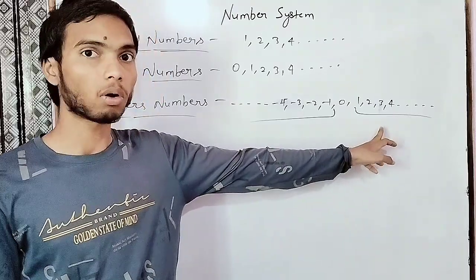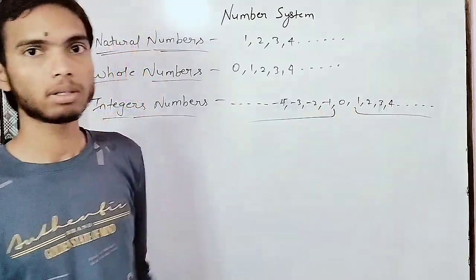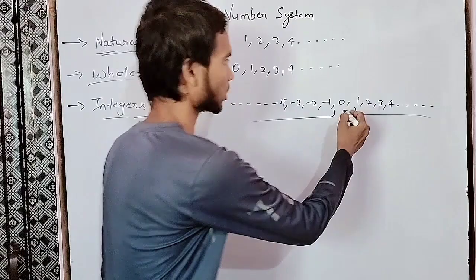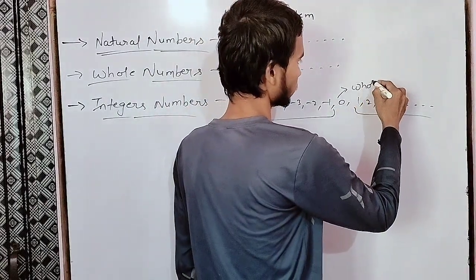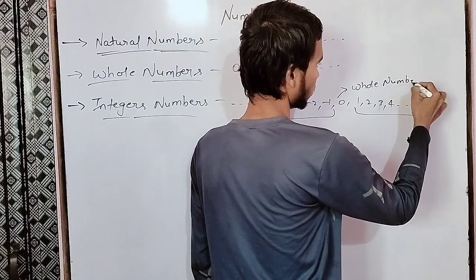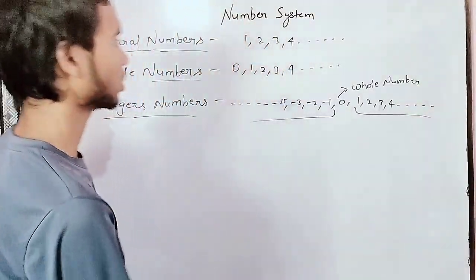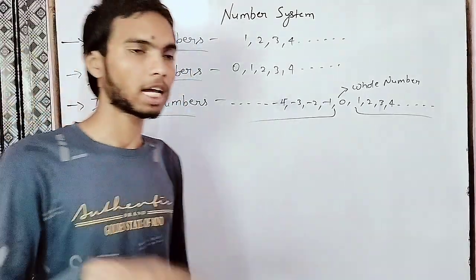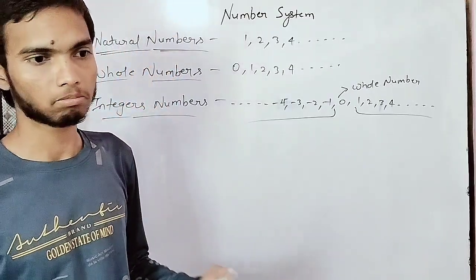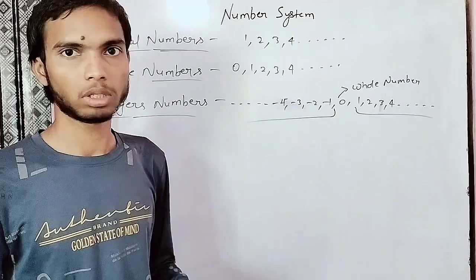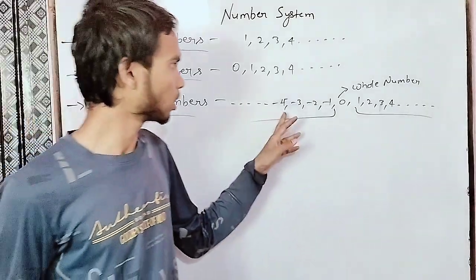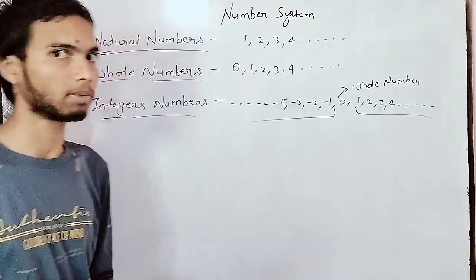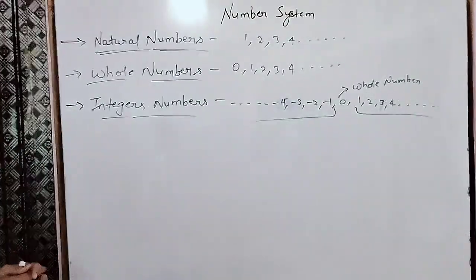All this side is with addition, and all this side is with subtraction. This is the whole number, and this is the natural number. So the number can be negative, can be 0, can be with addition, can be with subtraction. Number can be 0 in the definition of integers.